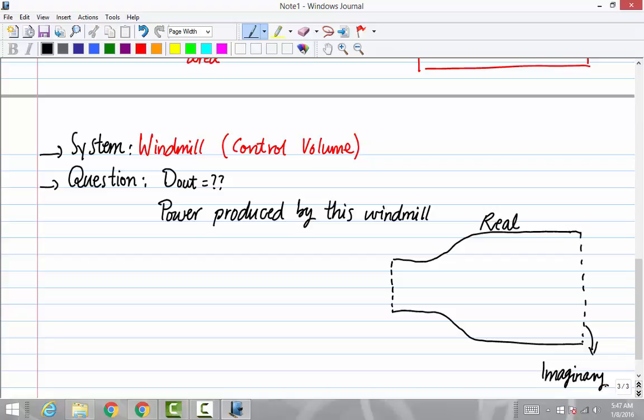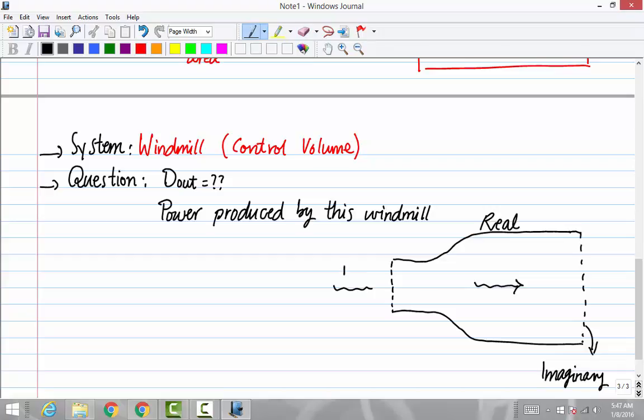And you have this flow to the right. So we know that mass is coming in. Let me write it in parameters.